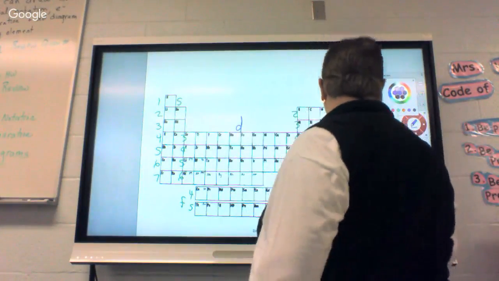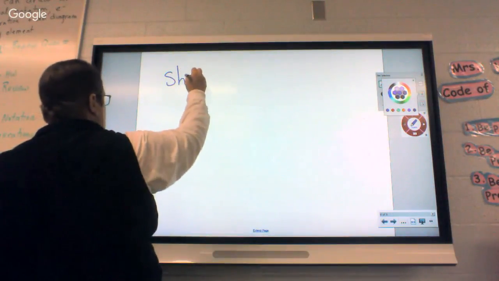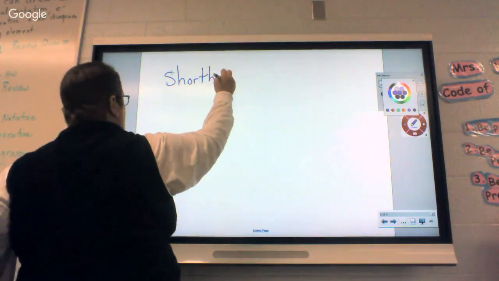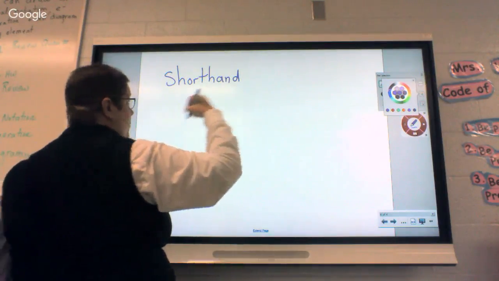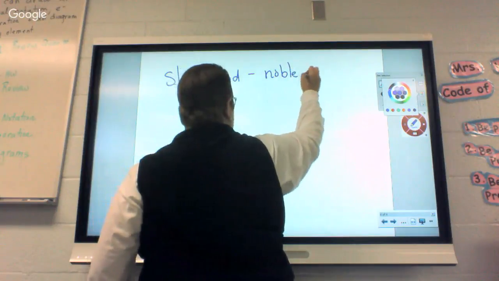Okay, let's talk shorthand. Now, in order to do shorthand, we have to be able to read the periodic table. Shorthand is also called noble gas configuration.